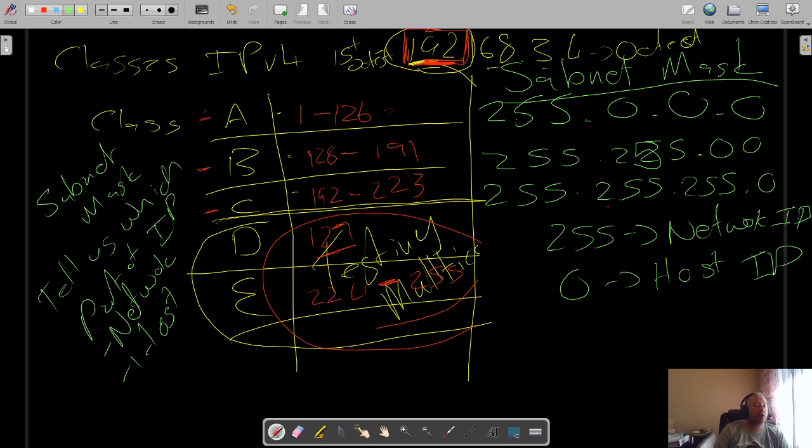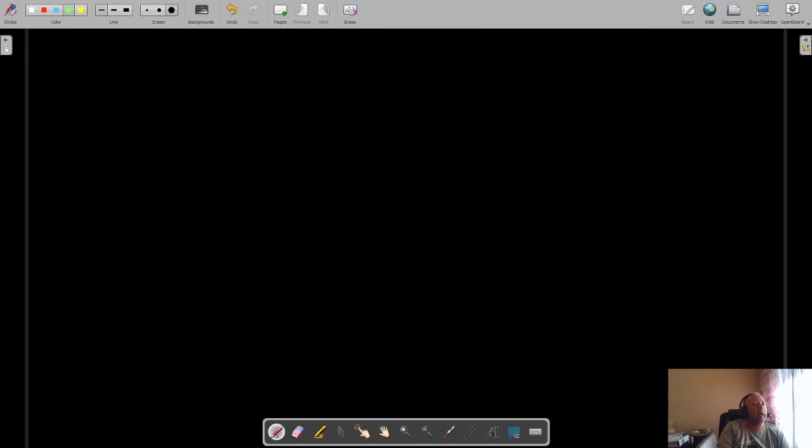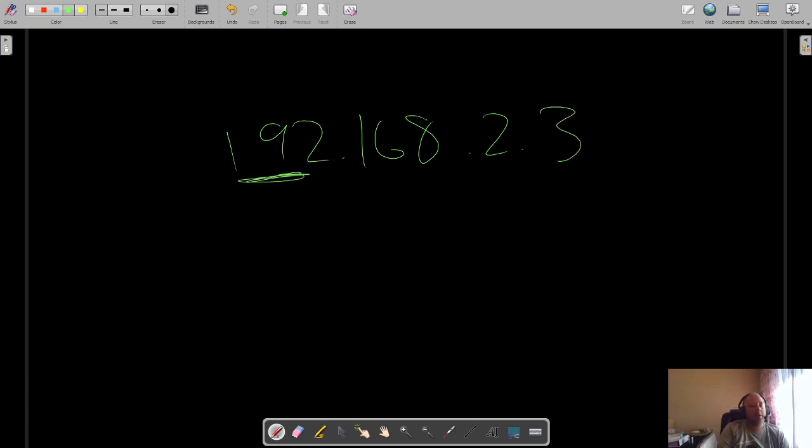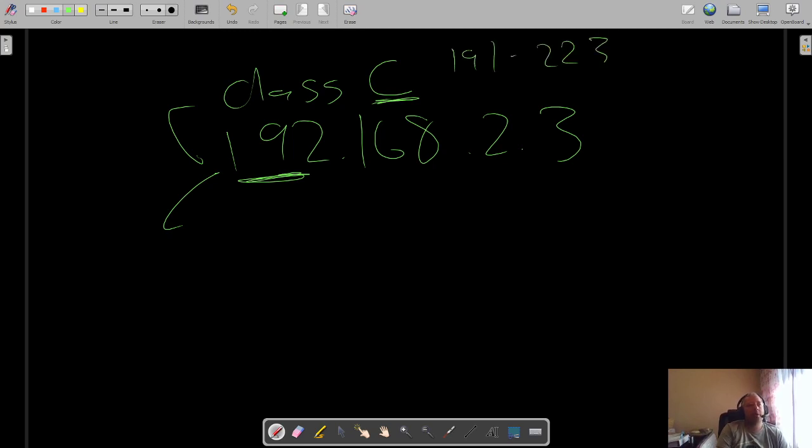Okay, so to put this all into perspective, I have an IP address. By looking at the first octet, I can tell you that this is a class C IP address because it falls between 192 and 223.